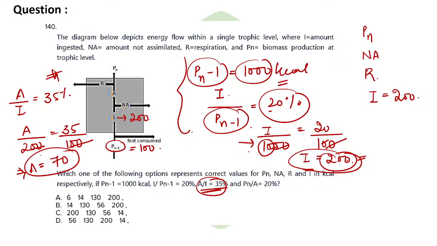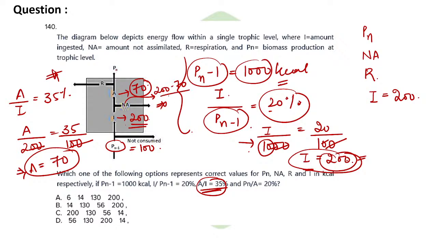Are you understanding this, everyone? I am getting the value of A as 70 over here. Now, if my I is 200 and my value of A I have calculated as 70, then my value of Na will be 200 minus 70, as according to the information given on the diagram, I can make out that Na is the left out part.